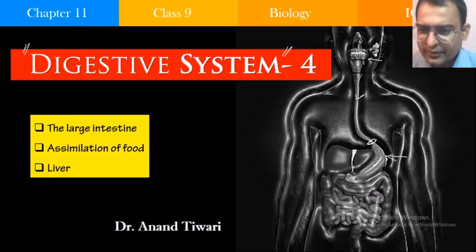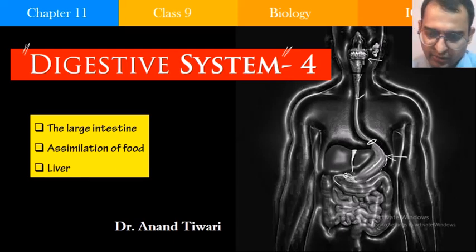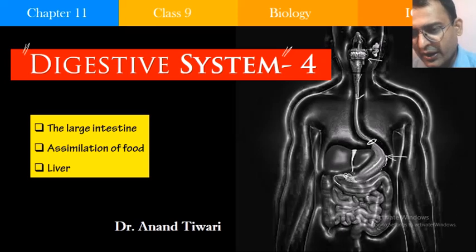From the stomach, through the pyloric sphincter, it enters the duodenum, which is the initial part of the small intestine, and then the jejunum and ileum, and then it has to enter the large intestine.